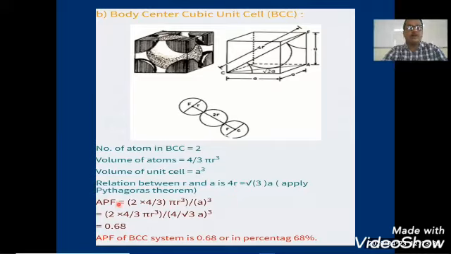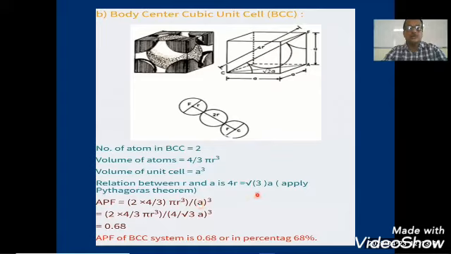So the atomic packing factor: because the number of units per BCC unit cell is 2, the total volume will be 2 into 4/3 πr³ by a³, and a is equal to 4/√3 r.